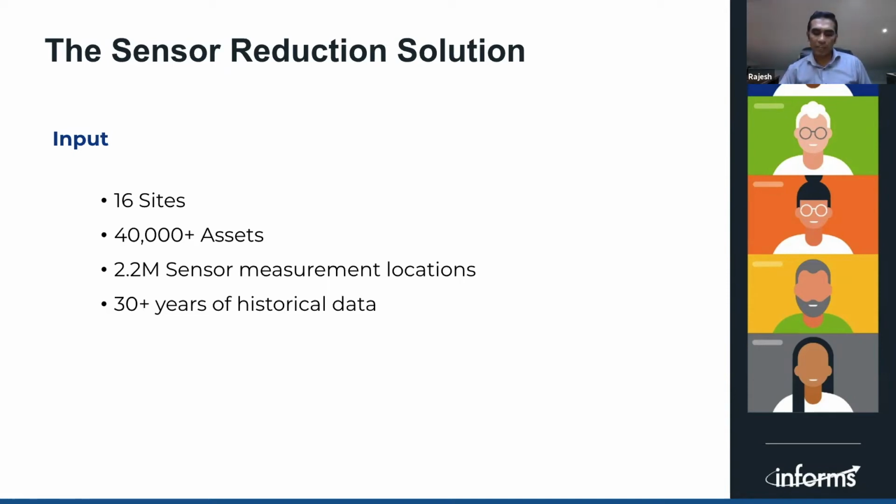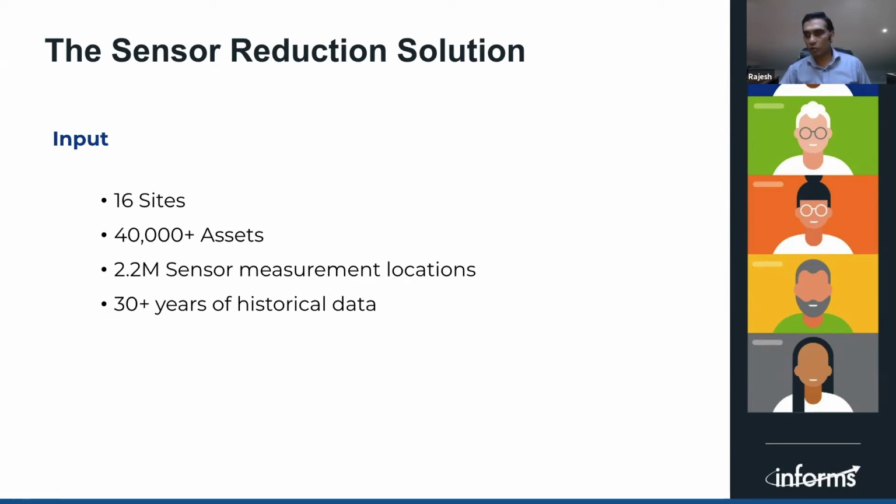Some of the data has been manually measured, probably closer to the 30-year range, and later they made some of the sensors smarter, so we have more frequent data collection. So we have data from different years with different frequencies of measurement locations. What we got is the sites, the assets, the sensors, and their positions next to each other.